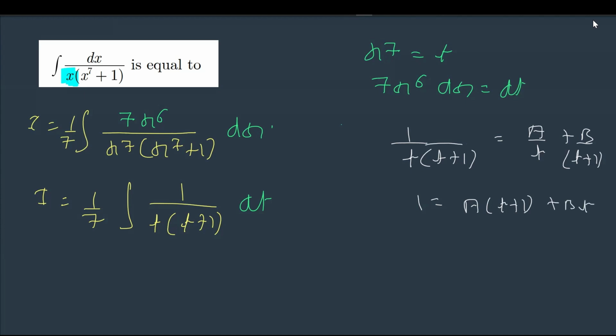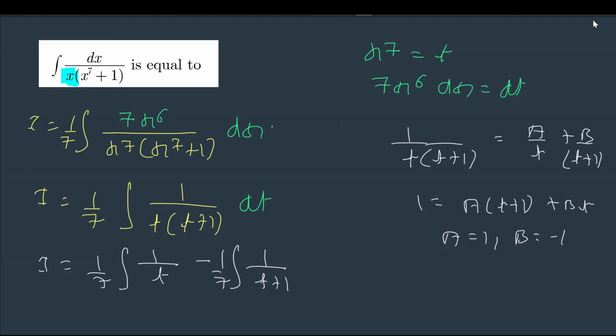Placing t as 0, I'm getting a as 1, and placing t as minus 1, I'm getting b as minus 1. So I can rewrite this, I is equal to 1 over 7 integration of a over t, a is 1, so 1 over t, minus b over t plus 1, and b is minus 1, that's why I placed a minus over here, dt.